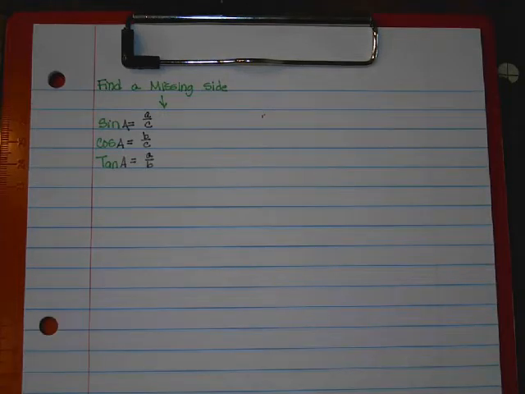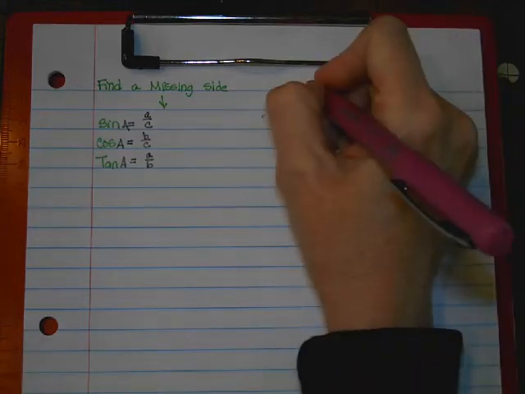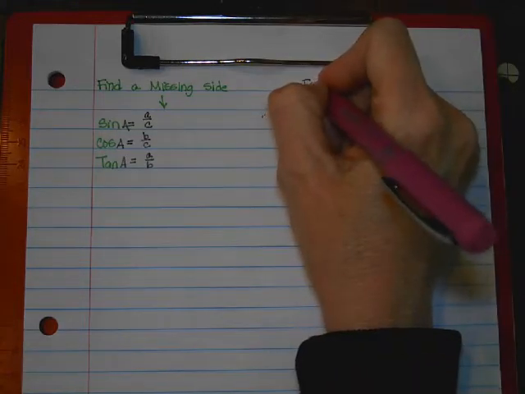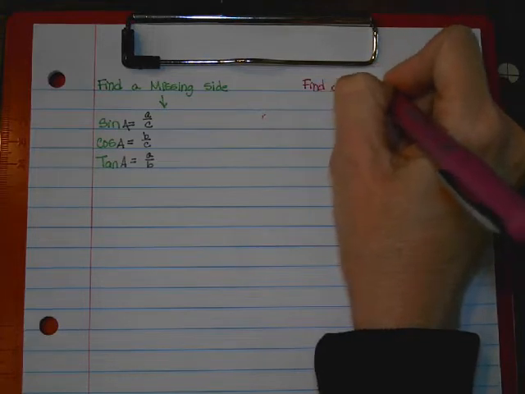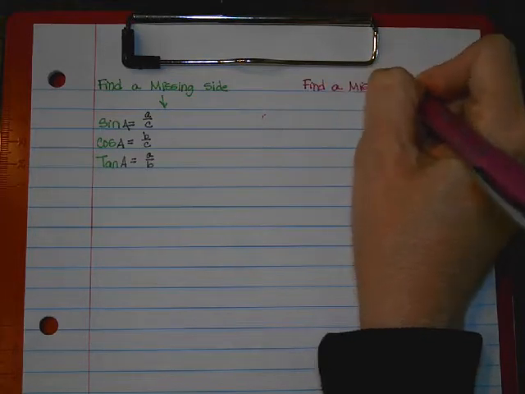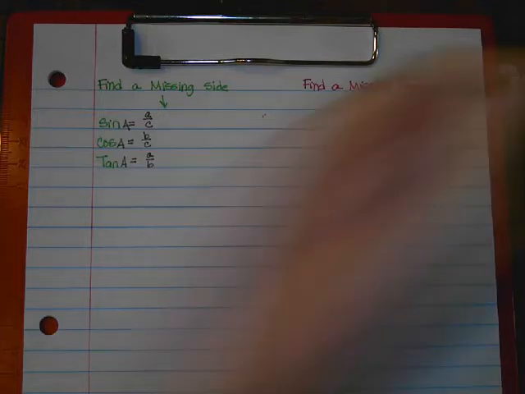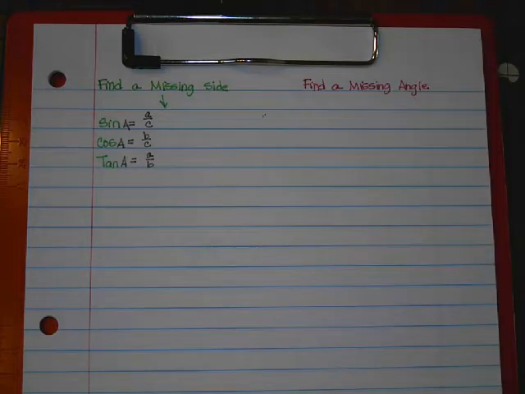If we, though, are trying to find a missing angle, let's write that down. Find a missing angle. That means if we know the sides, but we don't know any of the angles other than the right angle. That means we know all 3 sides.